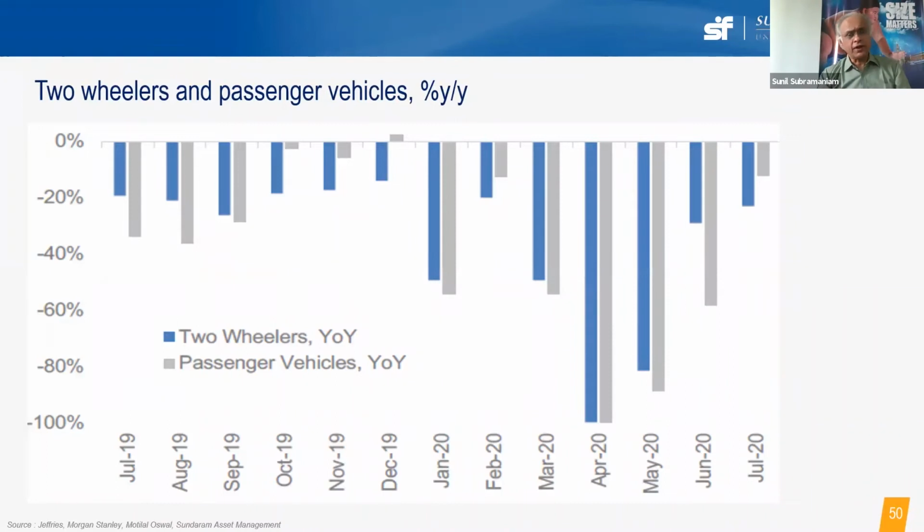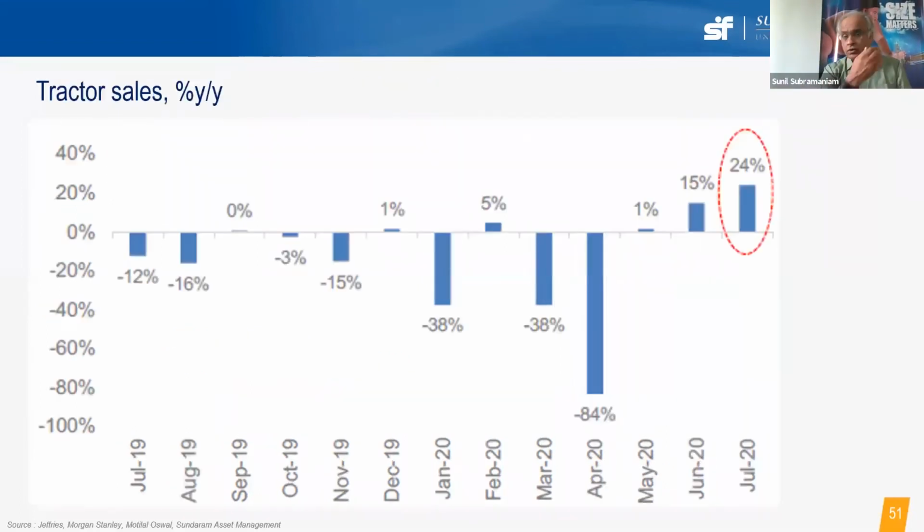Next, with this money in rural people's hands and feeling good about the Rabi harvest, two-wheelers and passenger vehicles, which are largely demanded in rural areas, are the first showing signs of recovery. You can clearly see the V-shaped recovery happen. Right now those two are still negative, mind you, but tractor sales with a V shape has actually moved into positive YOY growth because it's critically used in the sowing season.